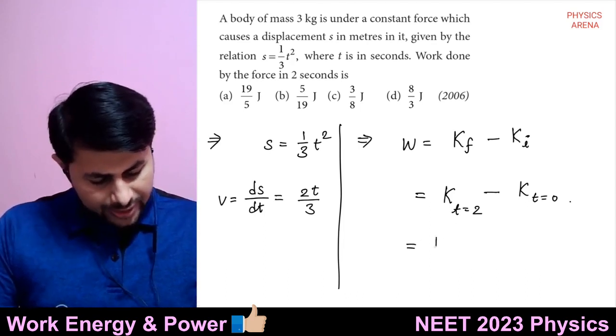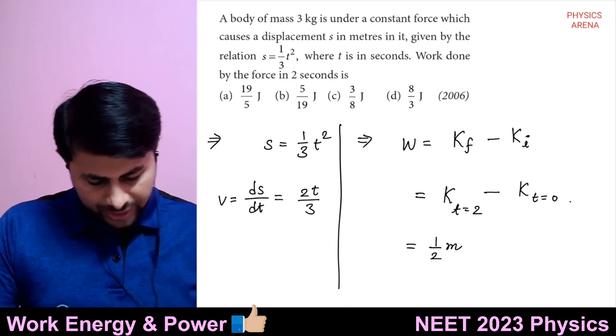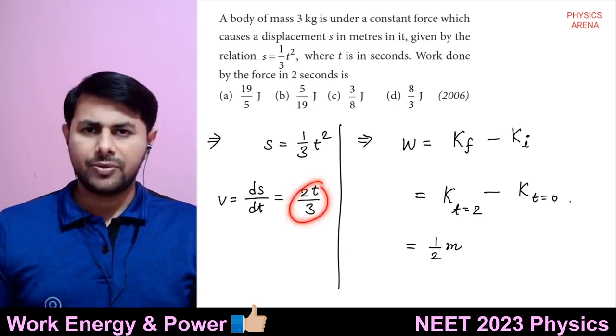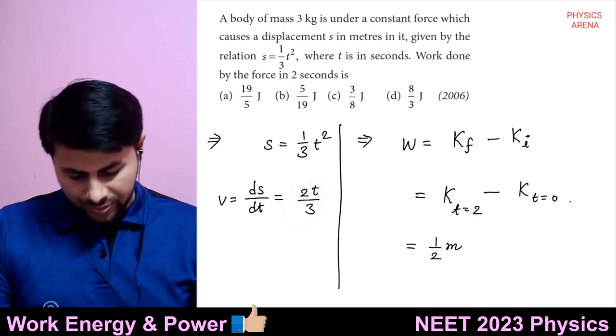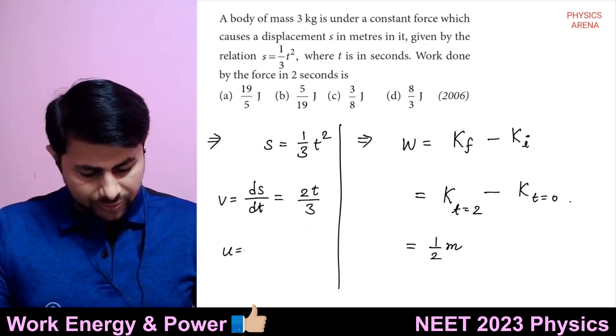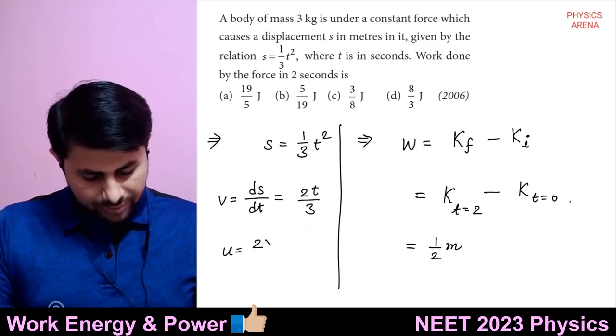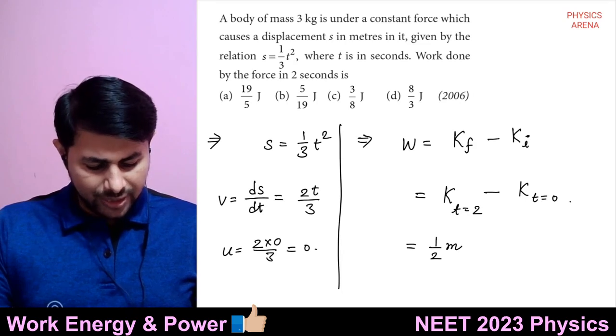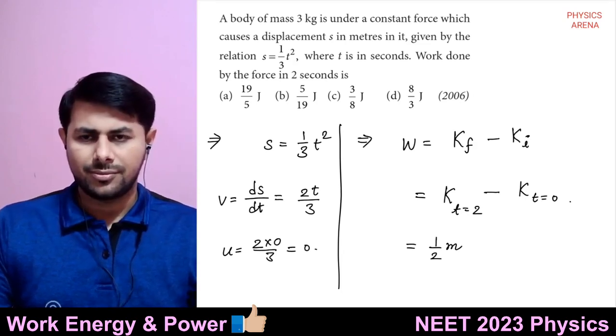What will be kinetic energy? Half of m multiplied by v square. What is velocity at t equals to 0? It's 0, right? So u is equal to 2 times 0 divided by 3, that is 0.